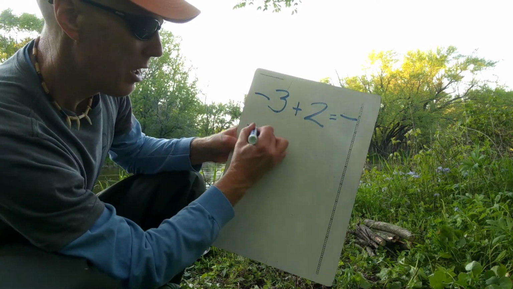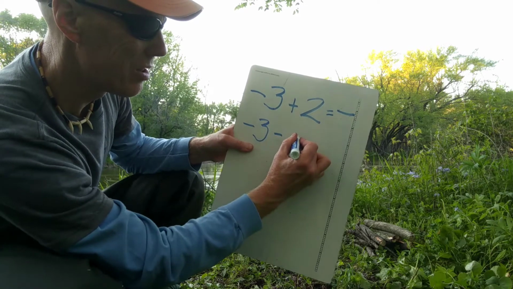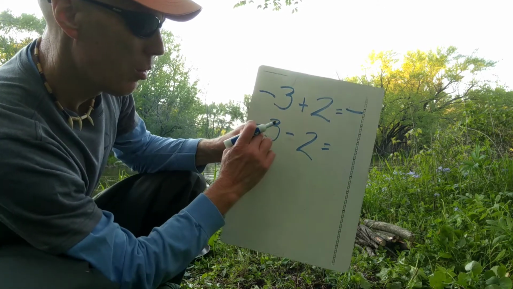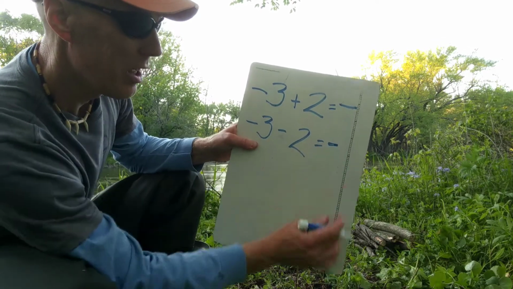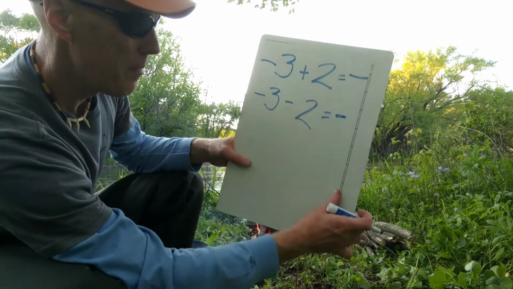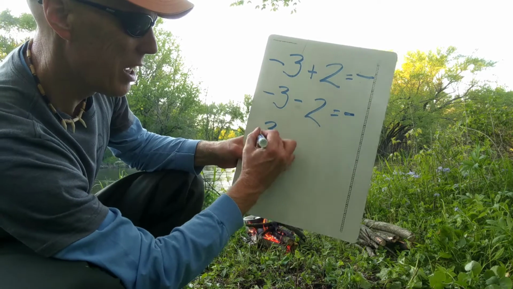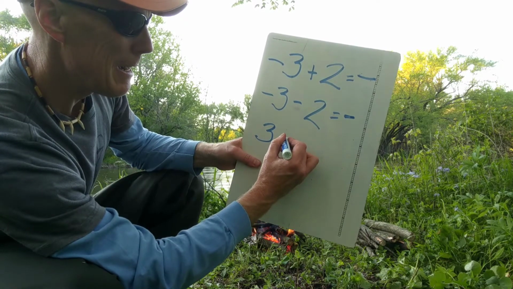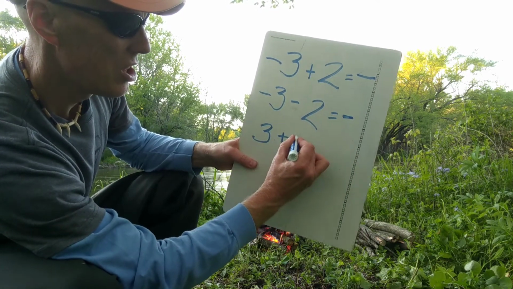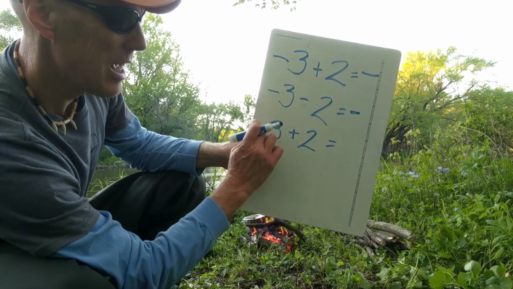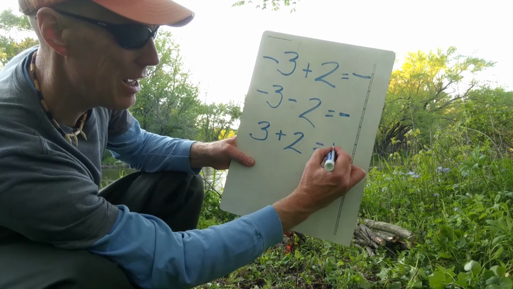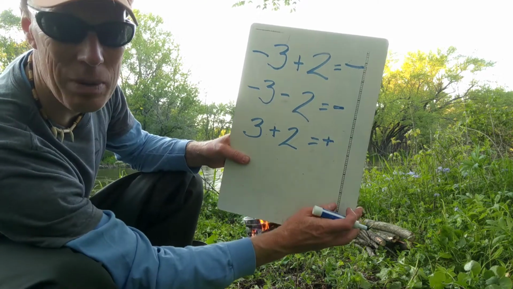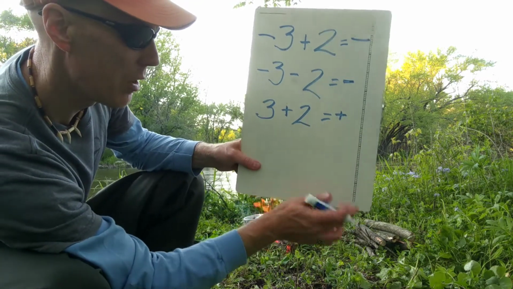If we had a -3 minus a 2, well, they're the same sign, so same signs equal a same sign answer. If we had something like 3 plus 2, in this case there's no sign here, but it's assumed to be positive, so 2 positives, the answer is going to be positive.